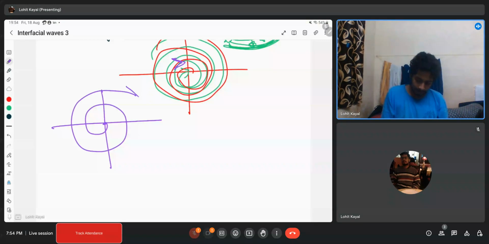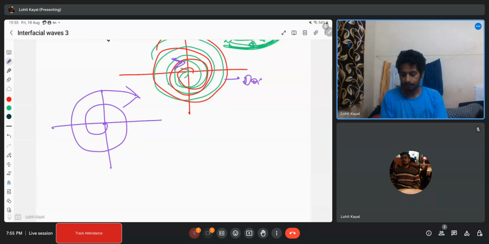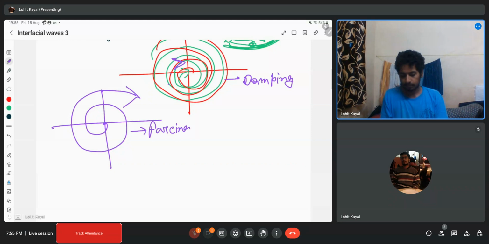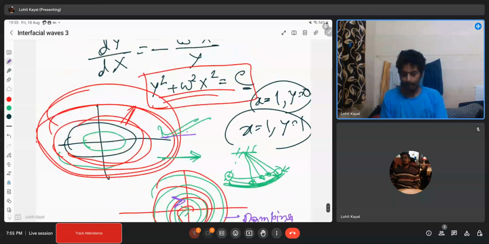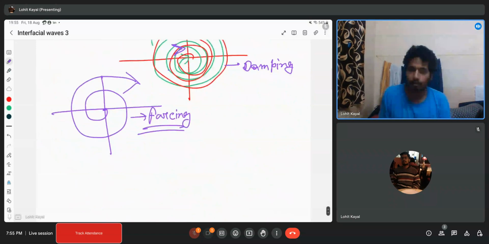It will be spiraling outward. So spiraling inward is damping. Spiraling outward is forcing. These are the two extreme cases, and another extreme case is no damping or no forcing. So this is the idea of the phase portrait.